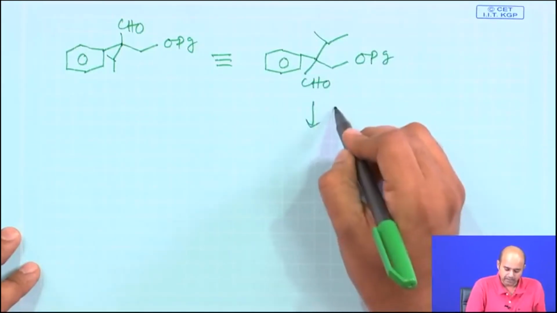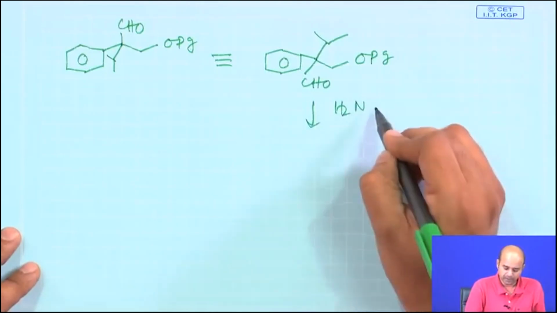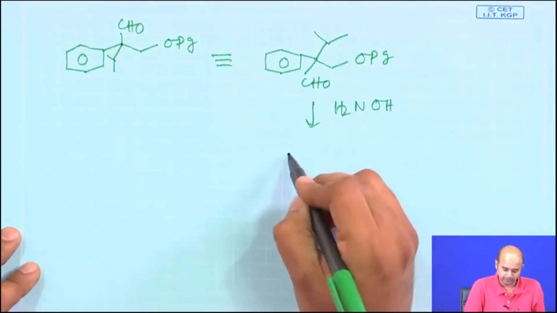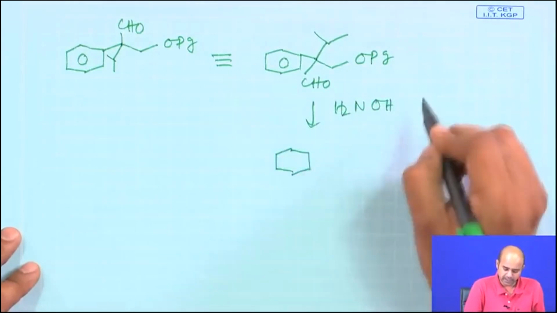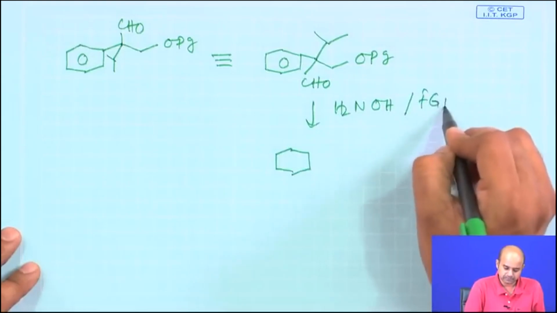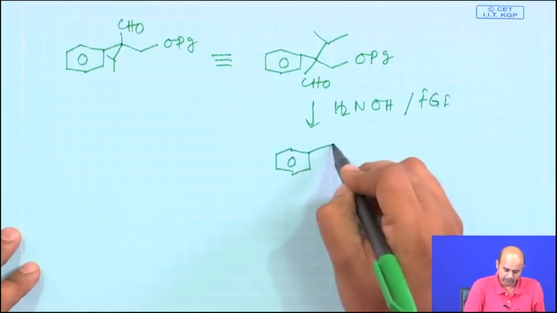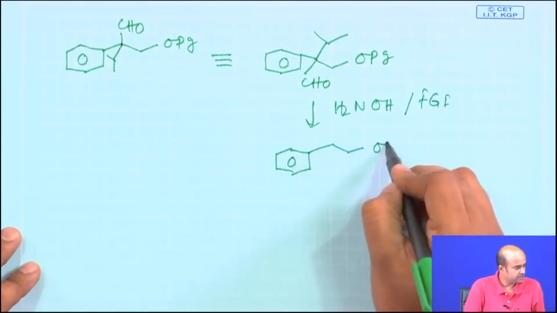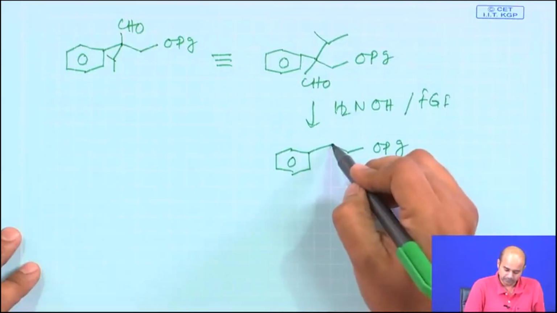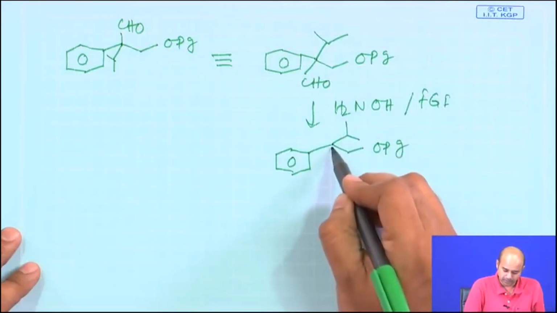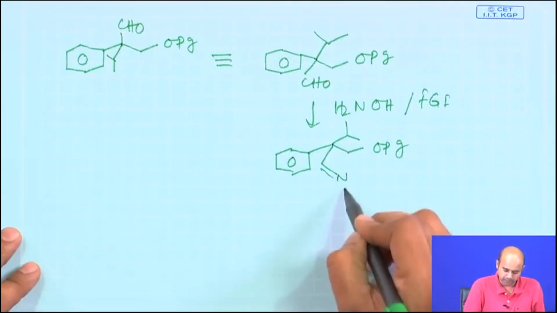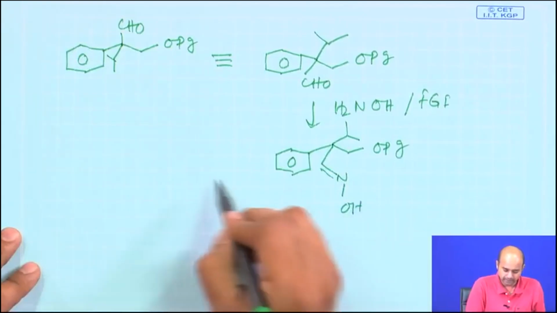Now, make this aldehyde an oxime, aldoxime, by hydroxylamine treatment, the very standard FGI. So, what you will get? You get this OPG, OPG remains similar, your isopropyl group remains similar, and then you get the corresponding oxime. Okay.